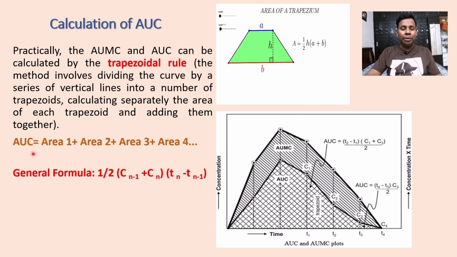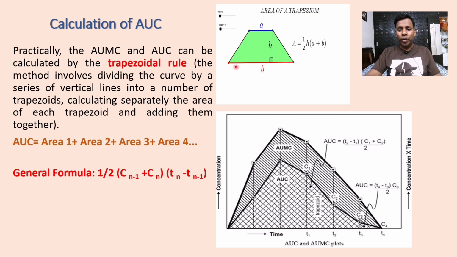So total AUC is area 1 plus area 2 plus area 3 plus area 4, and so on. Now the question is, what is this trapezoid and how can the area of this trapezoid be found out. This is a diagram of a trapezium. A trapezoid is a shape where two sides are parallel to each other.